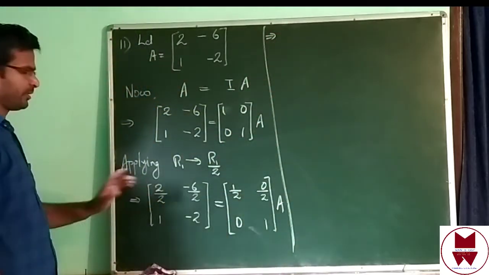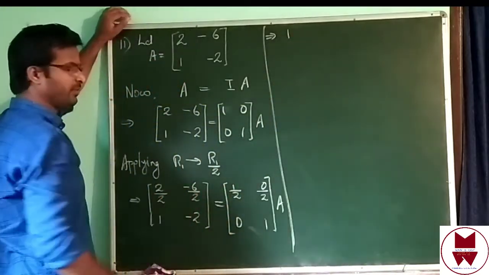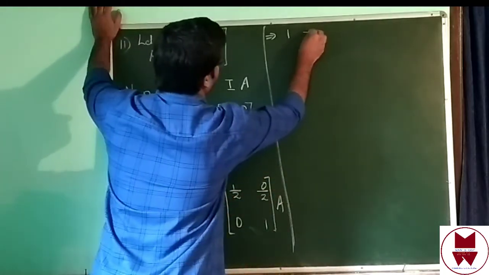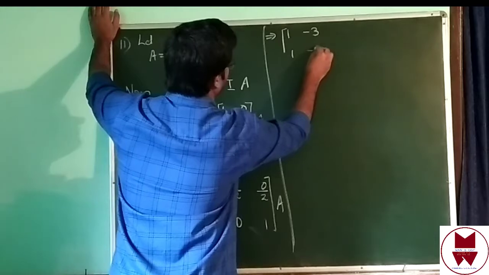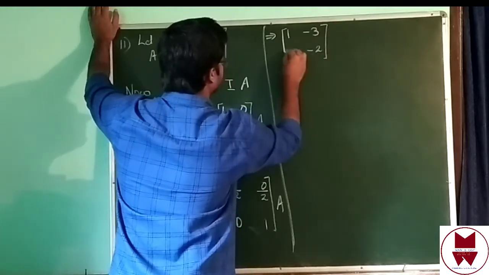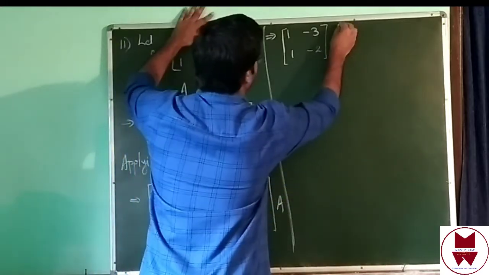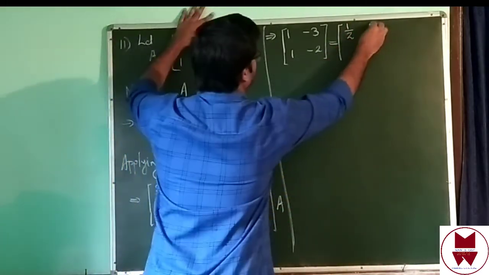Implies 2 divided by 2, that will be 1. Minus 6 by 2, 6 and 2 cancel, you will get minus 3. 1 minus 2 equal to 1 by 2 matrix. 0 divided by 2 is 0.